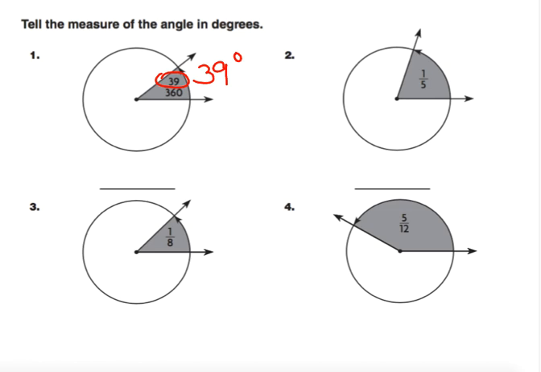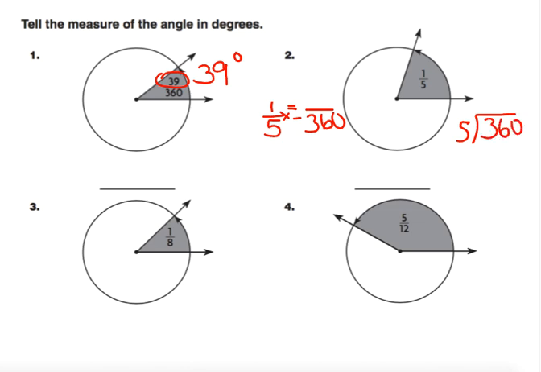Now, unfortunately, number 2, the denominator is not 360, so therefore we're going to make an equivalent fraction. So I'm going to do 1/5 equal to over 360, and I say, oh boy, I don't know my 5 times tables all the way up to 360. 5 times what will give me 360? I don't know. So let's divide. When in doubt, divide, right?